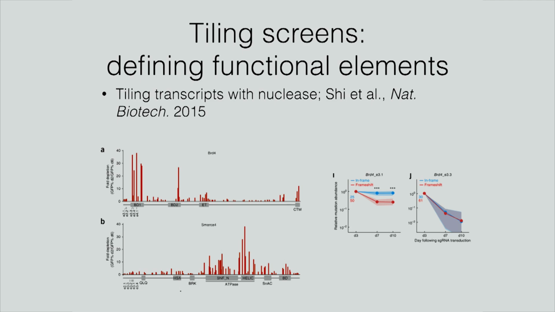And they nicely show that this is because, for this sgRNA not in a functional domain, the in-frame deletions don't deplete when you sequence the indel frequency, and the frame shift mutations do deplete. But at the functional domain, they track exactly with each other. You get the in-frame indels and the frame shifts completely drop out.